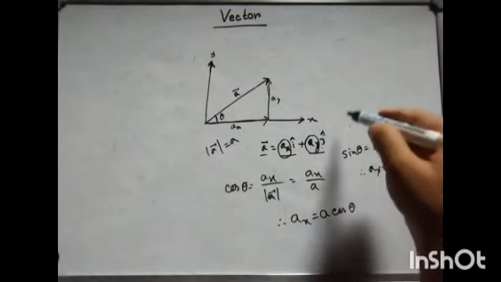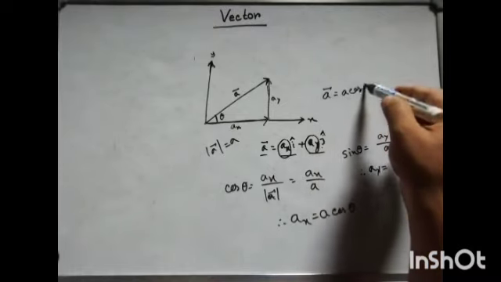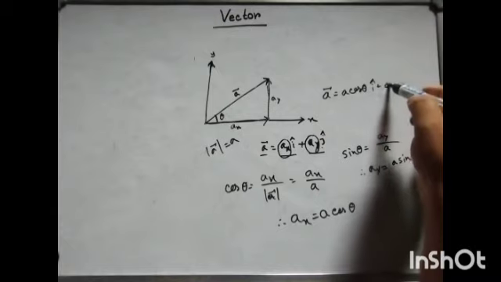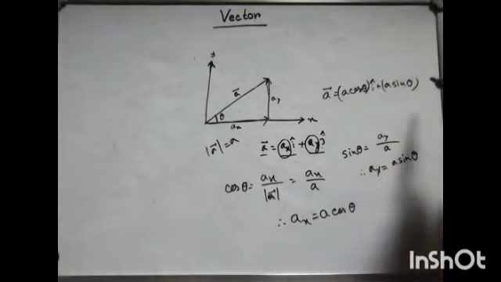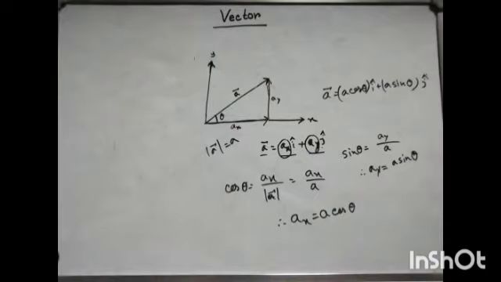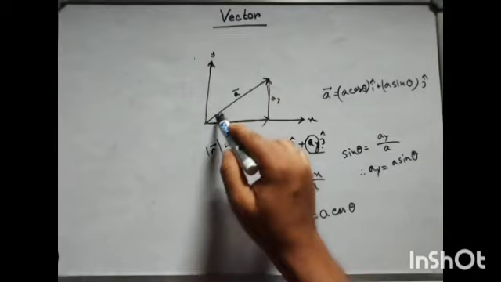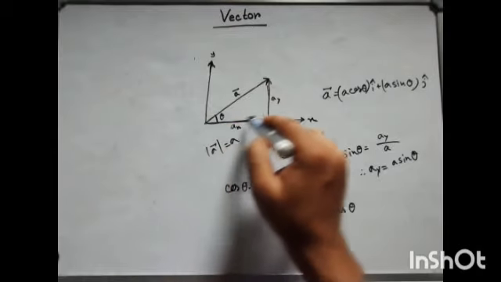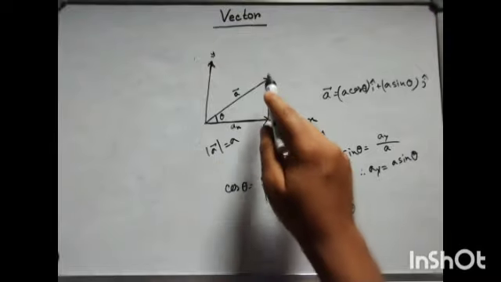So a vector will be a cos theta I cap plus a sin theta j cap. So I can break any vector in its rectangular components as ax I cap plus ay j cap.